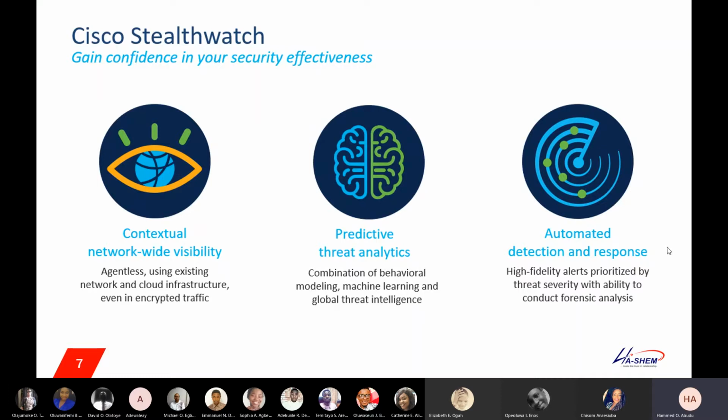Stealthwatch can detect and respond to advanced threats. It can also help you simplify network segmentation using a combination of behavioral modeling, multi-layered machine learning, and global threat intelligence. Attackers are not employing just one method to breach your organization, so you have to have various methods of remediating the threat.